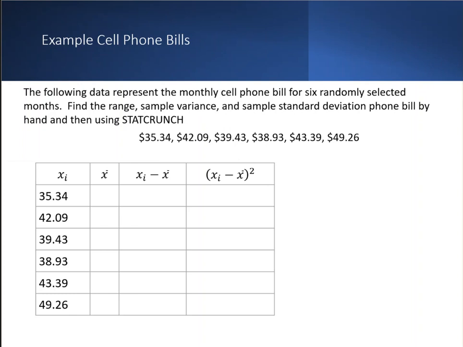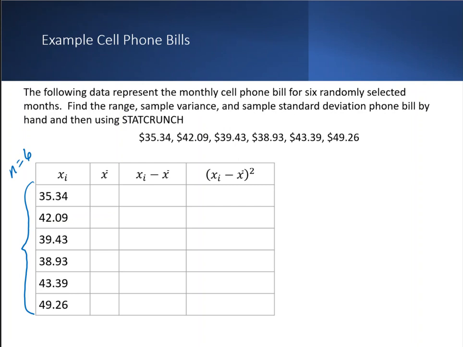So what you see here are some columns that I've gone ahead and set up, because it's kind of a labor-intensive process to find the standard deviation of a sample set, or the standard deviation of any set, I should say. So here in the very first column, I have all of the cell phone bills. So that would be my sample size, which would be equal to 6.